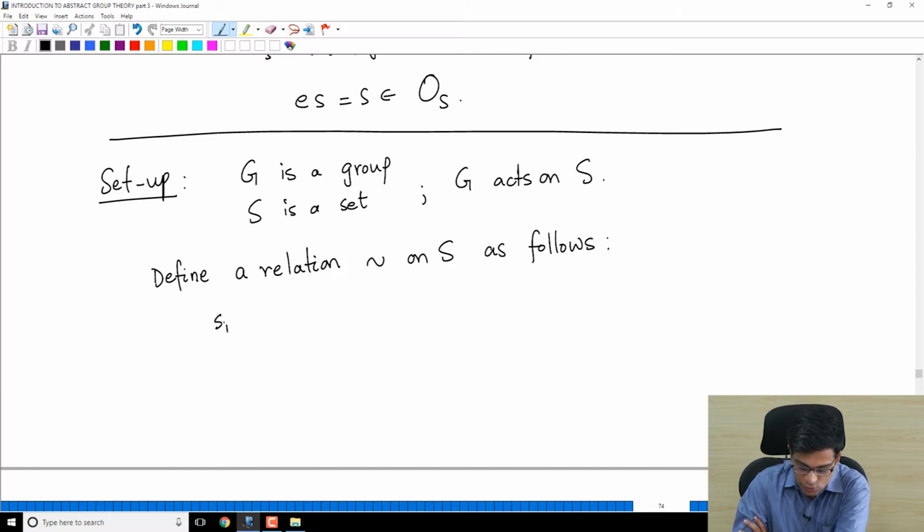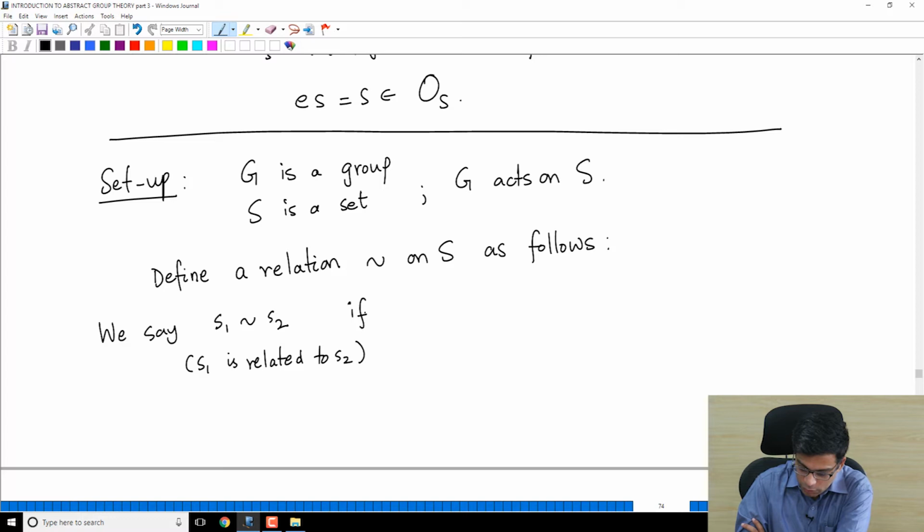We say s1 is related to s2 if there exists an element in the group G, small g, such that gs1 is s2.